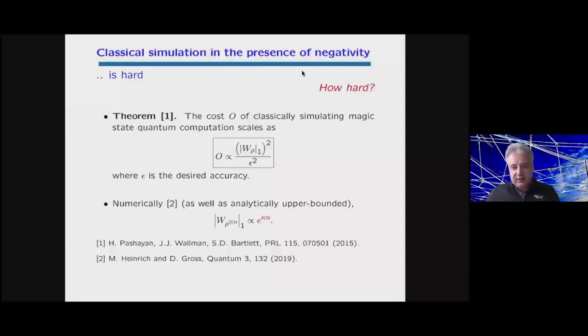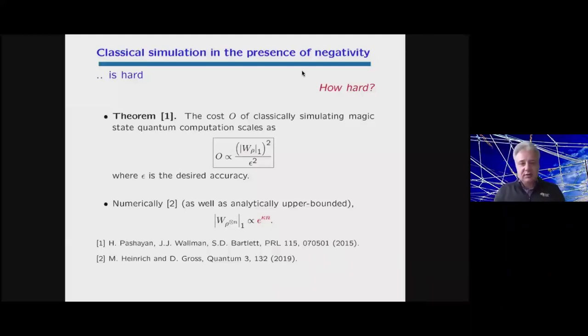Further, it is numerically shown and analytically upper bounded that if you have the Wigner function of a magic state raised to the nth tensor power, the negativity, or the one norm, scales exponentially in n. So you plug this in here and get an exponential increase of complexity.